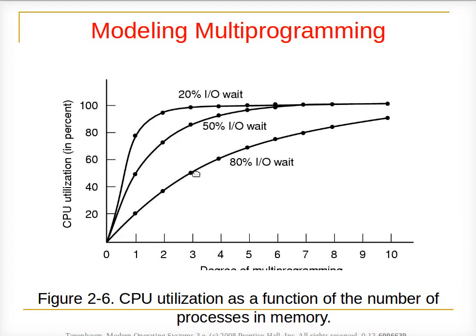So the more I/O heavy, it will take a lot longer to reach the high CPU utilization, because most of that time is spent waiting for the I/O. So that's why the time in a CPU is very slowly climbing. Something that is not waiting for the I/O utilizes the processor much faster.